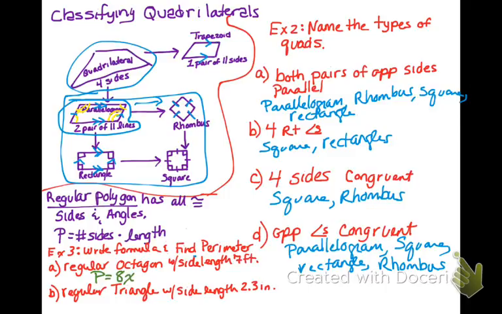Now you fill in the blank. The side length of this regular octagon is 7. So P equals 8 times 7. What does 8 times 7 equal? 56. And then you're going to put feet.